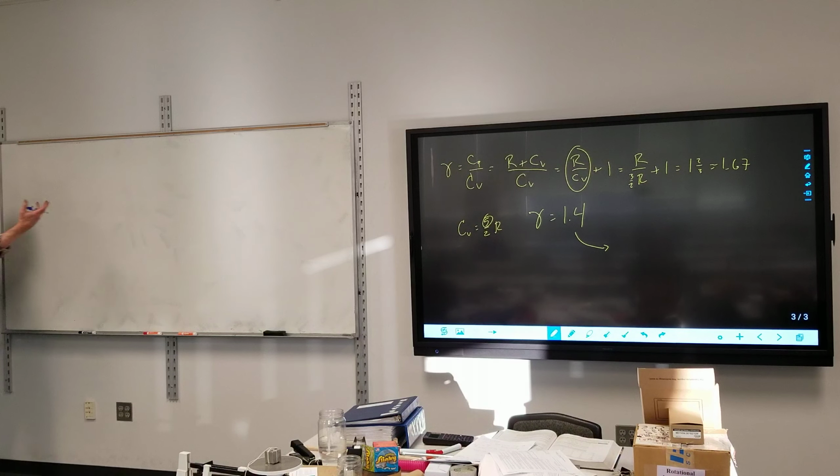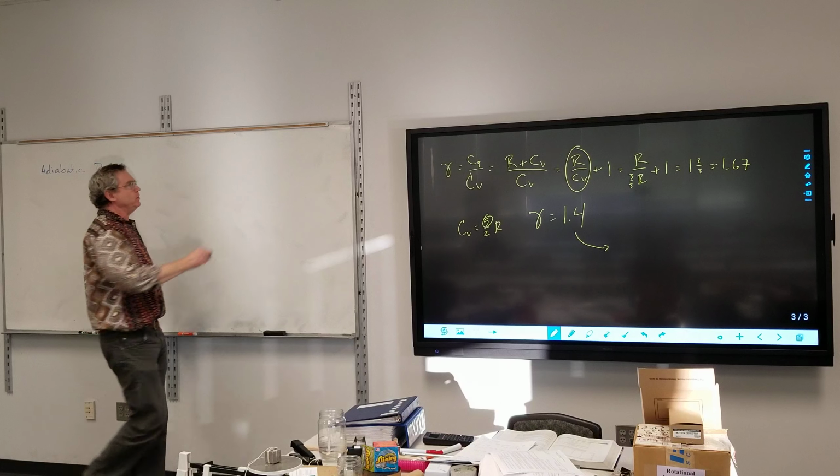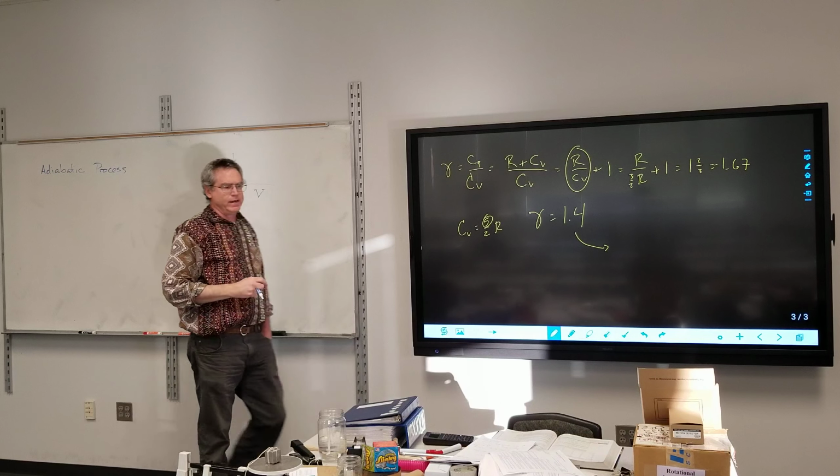And also, everyone's favorite, vocabulary. Adiabatic process. These are special cases that we're dealing with. We will be constantly going back to the PV diagram.